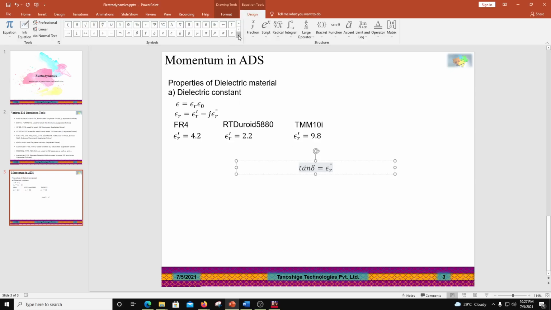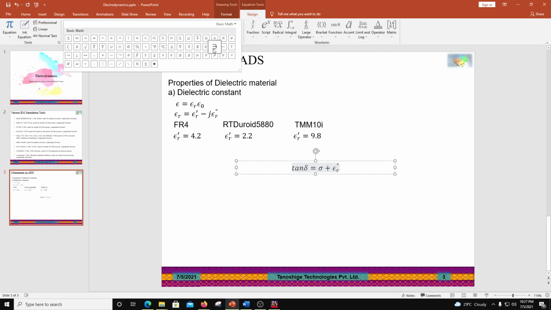Sigma is the conductivity of the substrate, and omega is the frequency in radians per second.